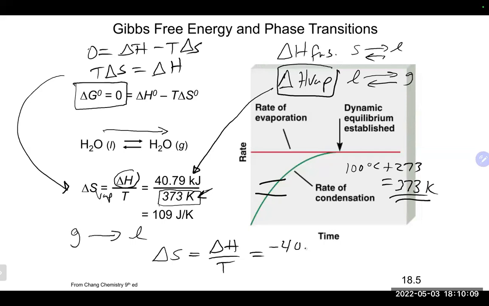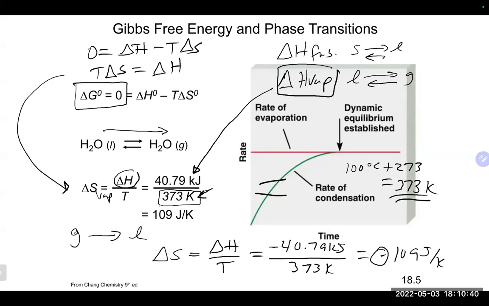So that would be negative 40.79 kilojoules over our 373, going to give us a negative 109 joules per Kelvin. And a negative value here would imply that we're making more order, which also makes sense, right? As we go from gas back to liquid, we're creating more order, and we would expect the entropy change, some people might call it entropy of condensation, to be a negative value.